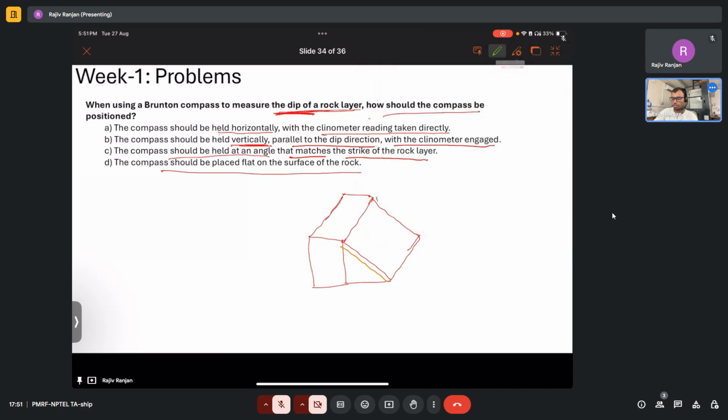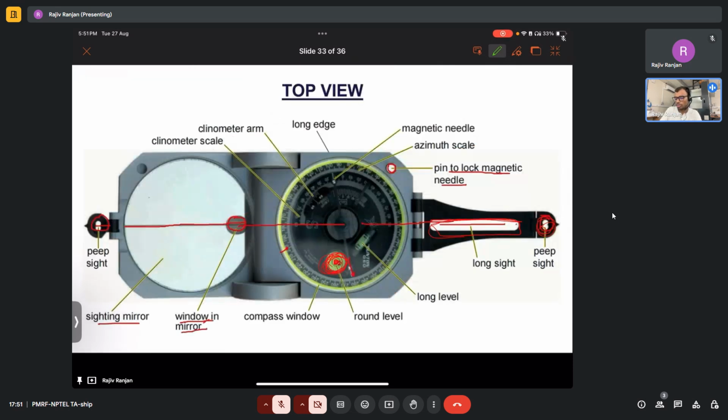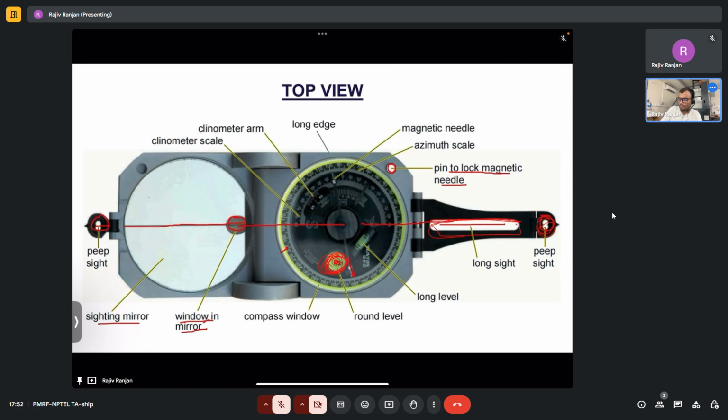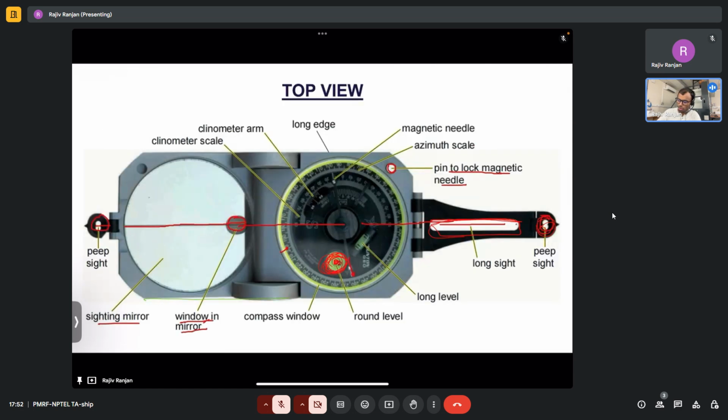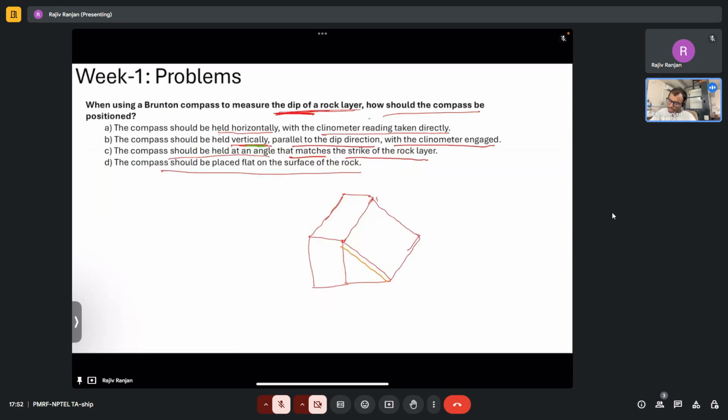What you will do, this is the compass you can see, right? You keep this in the dip direction. So if you see, the compass should be held vertically, parallel to the dip direction.